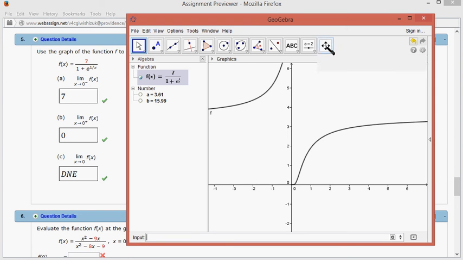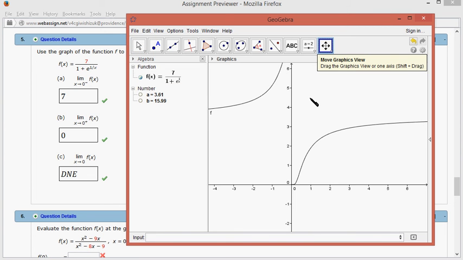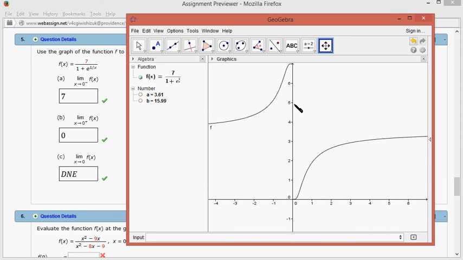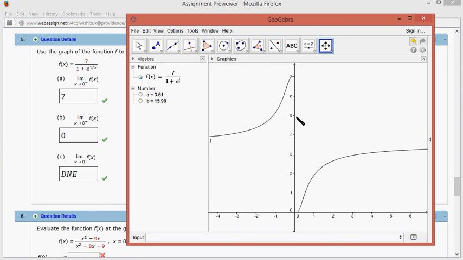As x approaches 0 from, let's say, the left, you can see that this is heading toward the 7 right there. If you're approaching from the right, this is heading towards 0. So that's why you have 0.